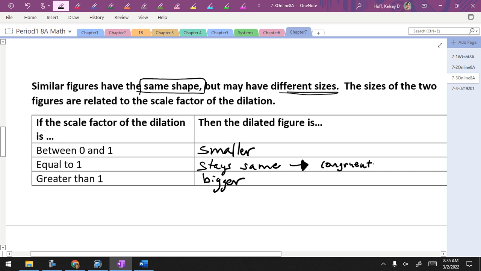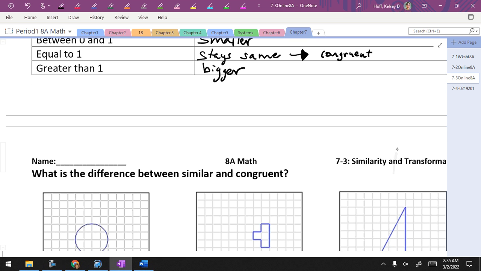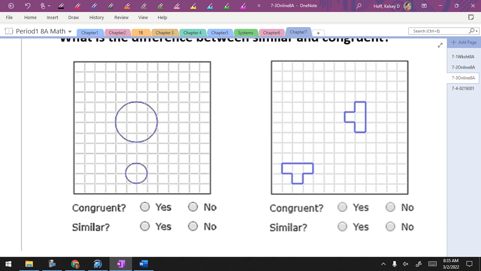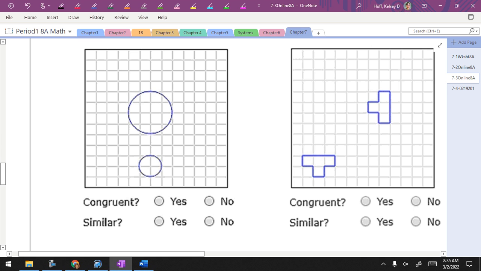Okay. I pulled some problems off of Alex on the back. This first one. Congruent. Same shape, same size. Yes or no?